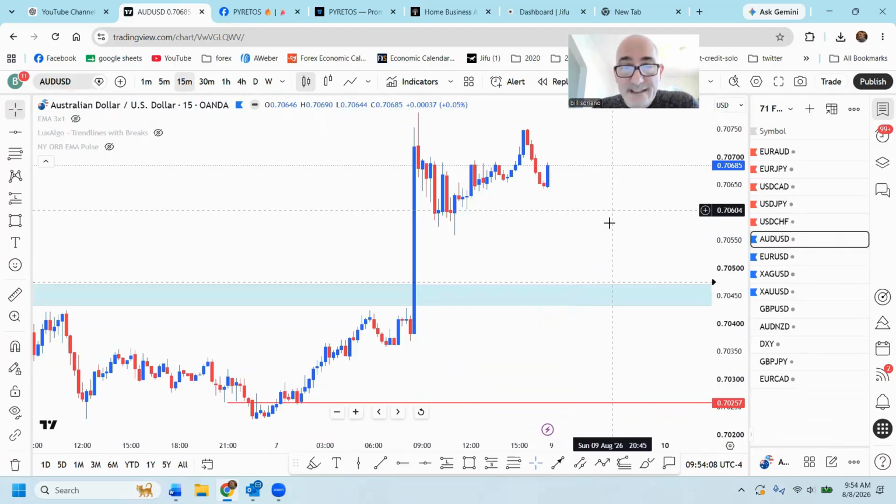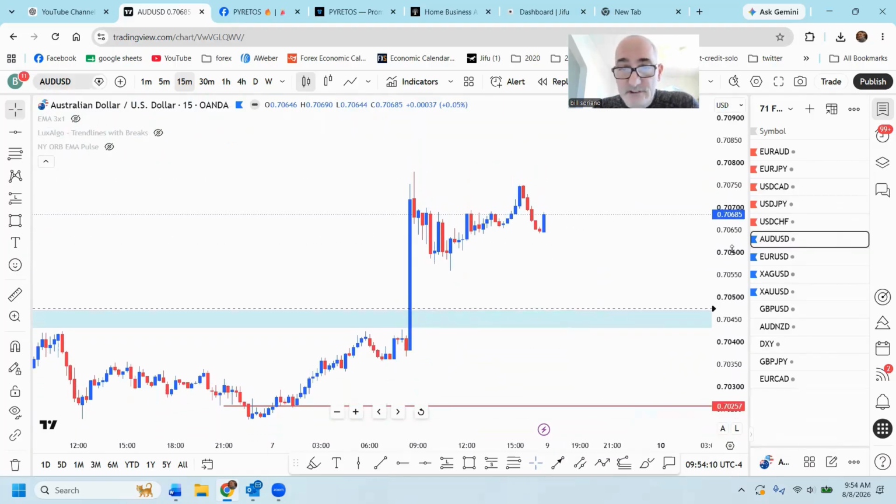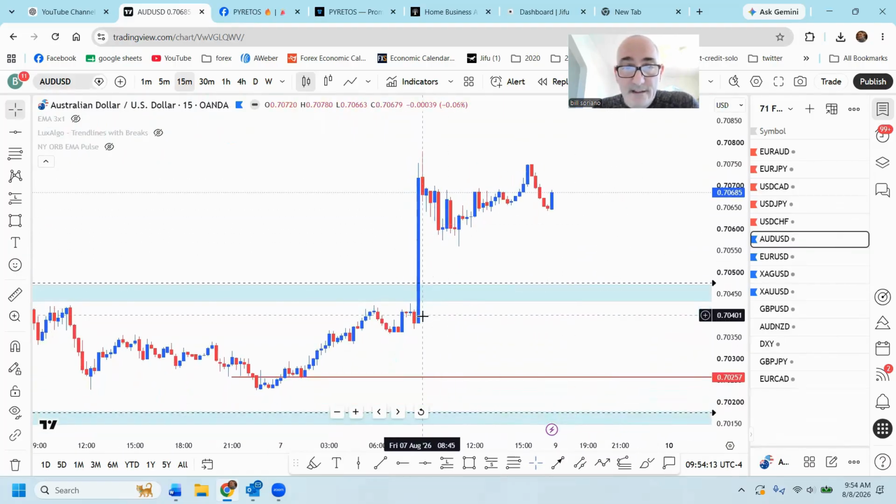AUD USD, very bullish at this time. As we said, you could see what that news candle did to this, pushed it up quite a way. Again, there's really no move in the opposite direction. It's just a straight push in the direction of the trend at that time.